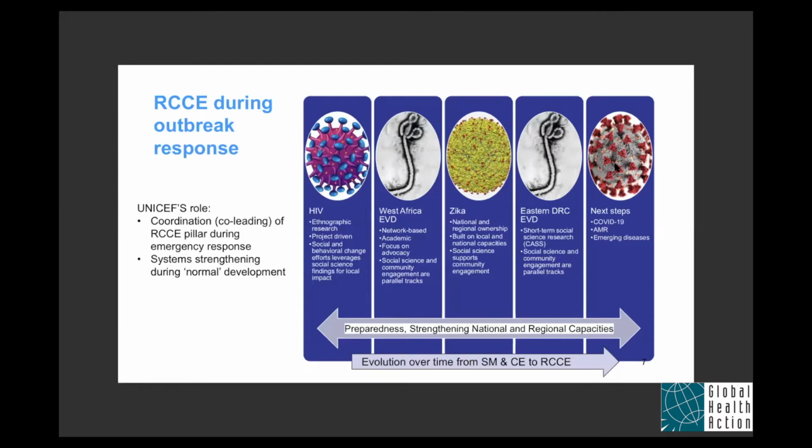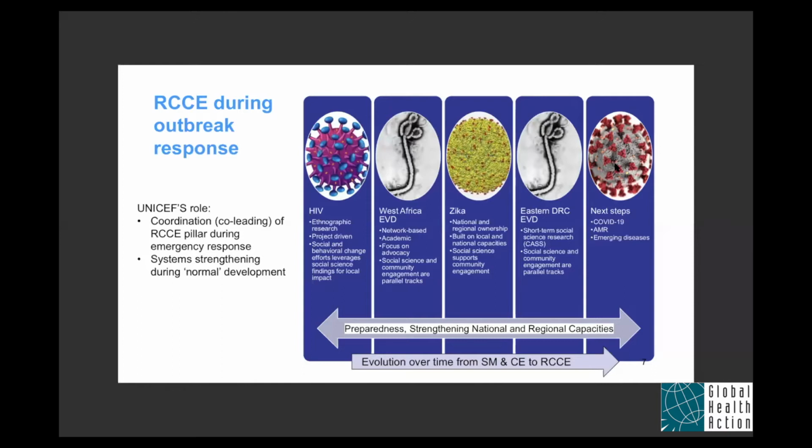So what UNICEF actually does in countries that we are in is we coordinate through a co-leading process right now that is shared with WHO and IFRC, as co-leads in this sector, where we partner with government and aim to also engage partners on the ground.